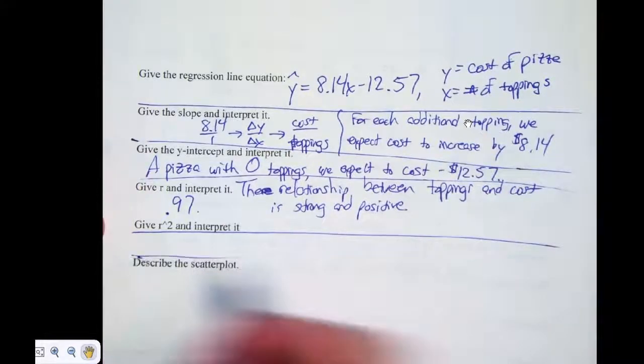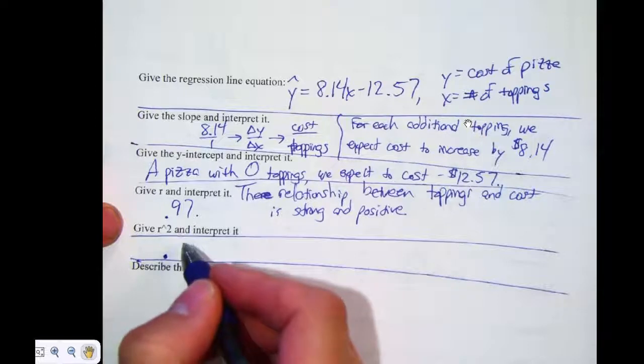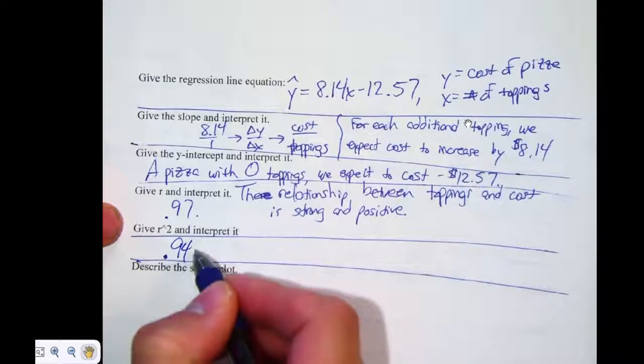So R was 0.97 here, so what's R squared? Like 0.94 or something? 0.94 exactly? 0.943? Okay.